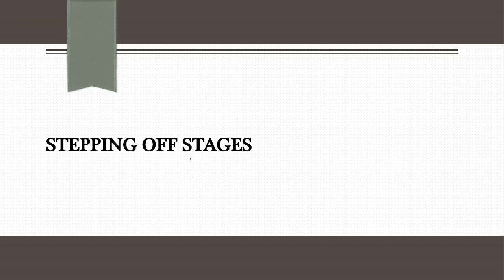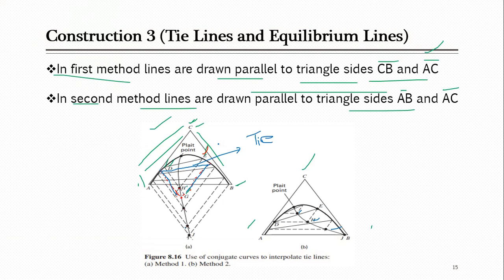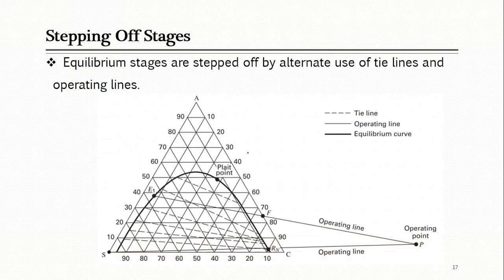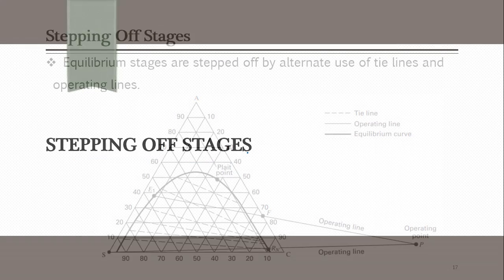Right, you are done with the 3 constructions up to here. Now we can draw the number of stages needed for the system on the diagram, which has already gone through constructions 1, 2 and 3. So now you are at the point where you can get the number of stages in liquid extraction equipment.